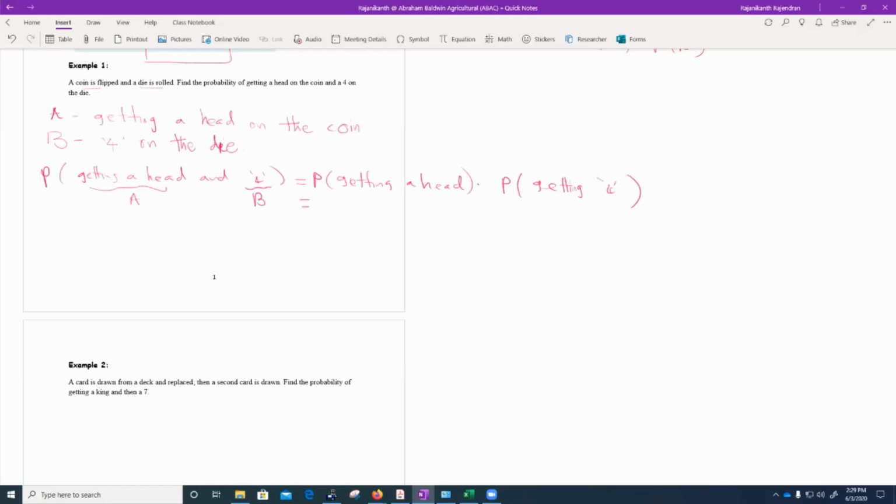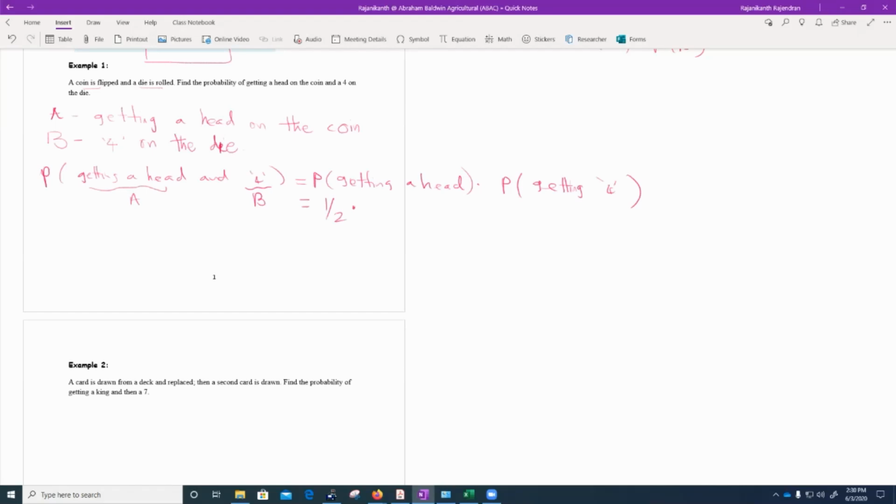Okay, so ask yourself, when you toss a coin, what is the chance of getting heads? Well, here there are two chances. You may have either heads or tails. So getting heads is a half chance, right? When you roll a die, what is the probability of getting number 4? Remember, there are 6 possibilities when you roll a die, 1 to 6.